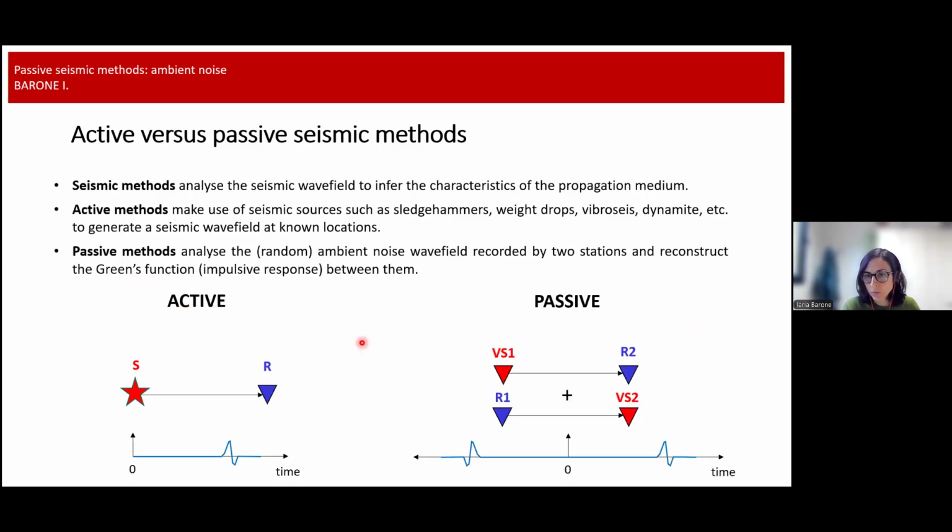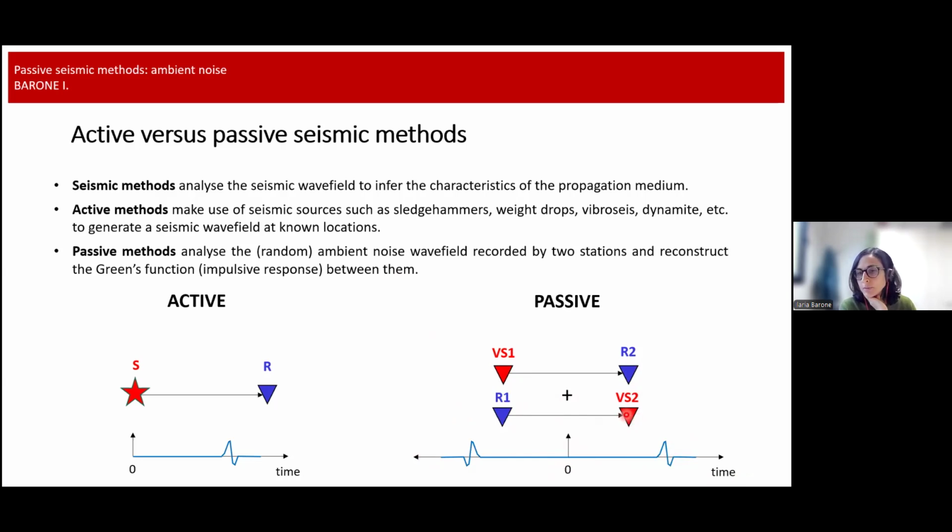And so at the end, what we will obtain is a signal like this one, which is the equivalent of the sum of a signal recorded in R2 if we have a virtual source in R1, and a signal recorded in R1 if we have a virtual source in R2.